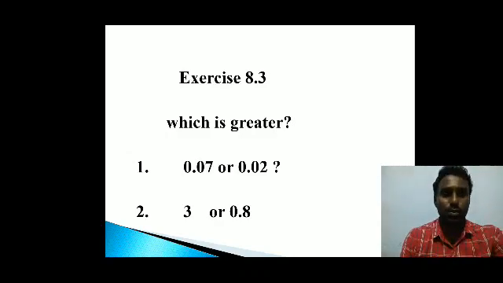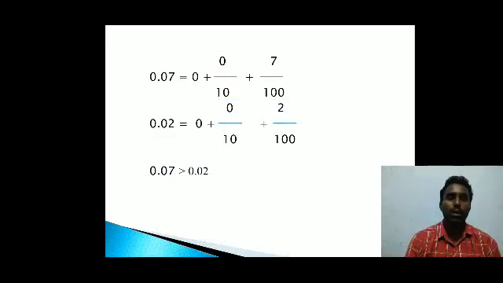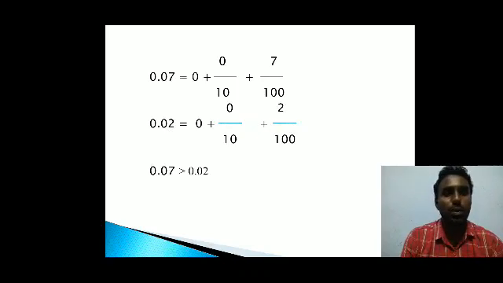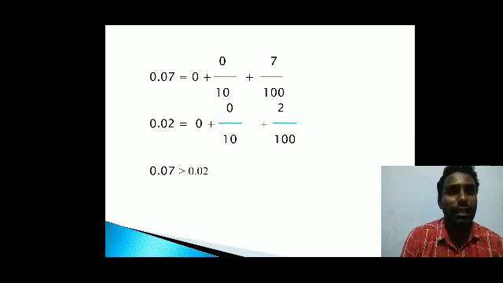Okay, shall we see the solution? 0.07 can be written as: first the whole part, that means before the decimal point, what digit is present? 0. So 0 plus, after the decimal point, the first digit, 0 by 10, and then 7 by 100.